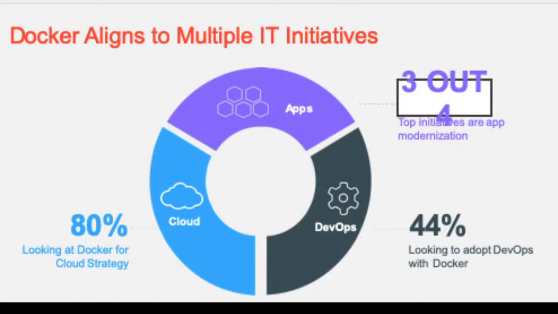The Docker basically aligns to multiple IT initiatives. 3 out of the 4 top initiatives are app modernization. 80% look at Docker for cloud strategy. The cloud, the most commonly spoken word, the buzzword in the IT nowadays, right? And 44% are looking to adopt DevOps with Docker.